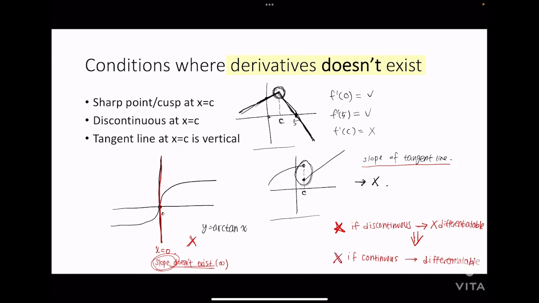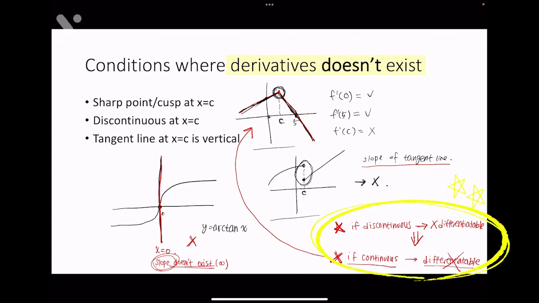No. This is not true because right here, this shows the perfect counterexample. It's continuous, but since it's sharp, it's not differentiable. So you shouldn't be tricked by these word questions saying that a continuous function is differentiable. It's not. It's not 100%.